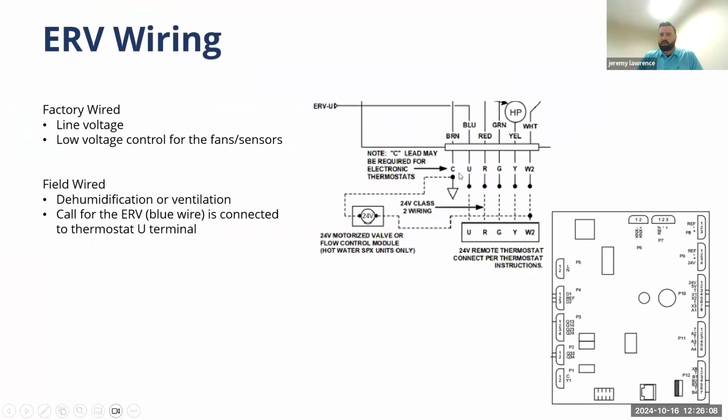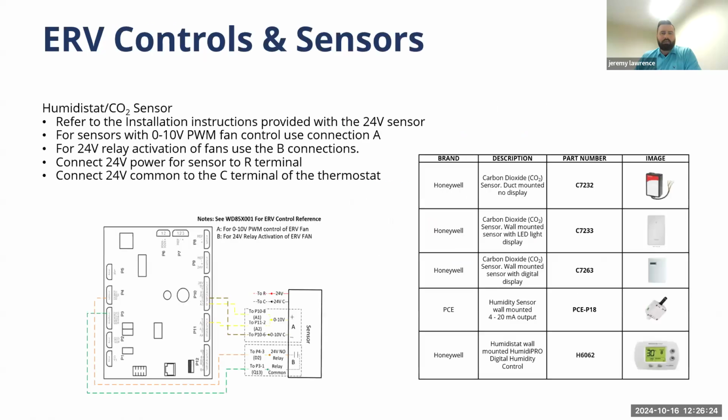ERV wiring, like I said, standard single stage heating cooling. If you have a heat pump, the electric backup could be run as a second stage, or it could be switched internally in the unit. And these are the optional sensors that can be added to the system.